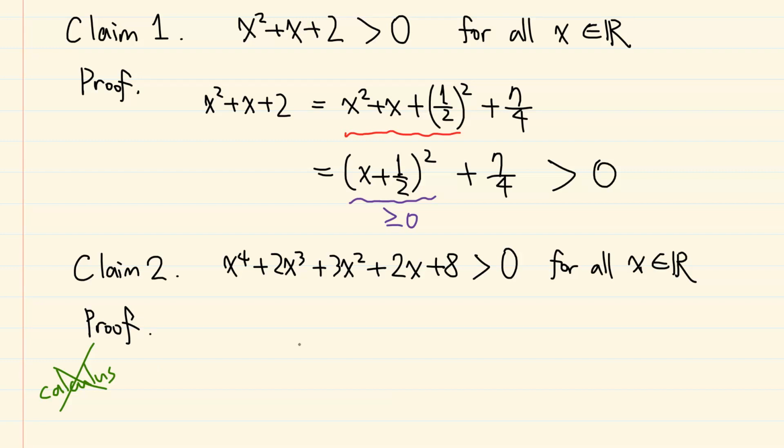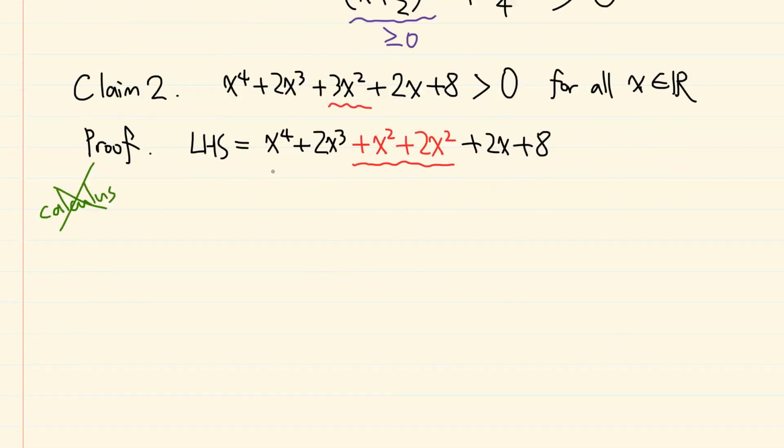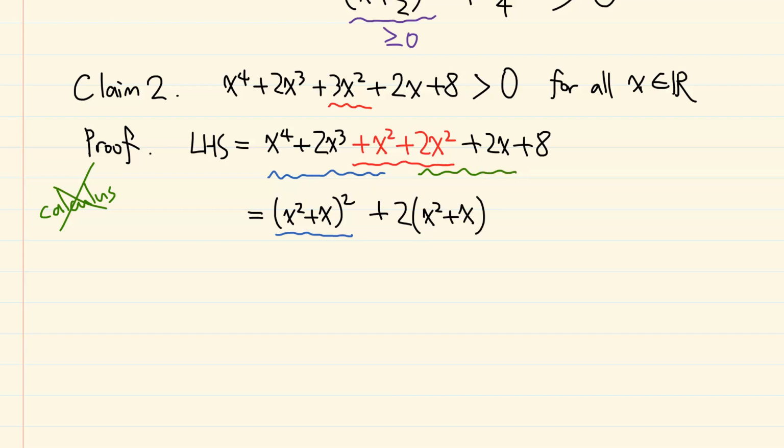The trick here is to manipulate the expression a little bit so we can use a substitution, which means that we split this 3x squared into plus x squared and plus 2x squared. Then this part becomes the complete square, which is x squared plus x, squared, and this part can be written as 2 times x squared plus x.